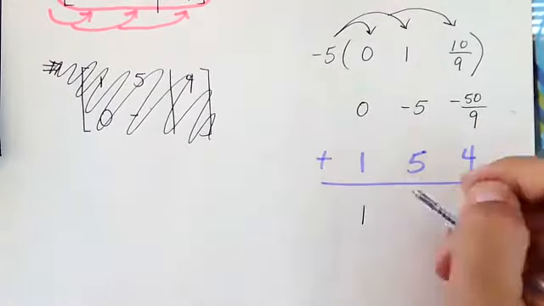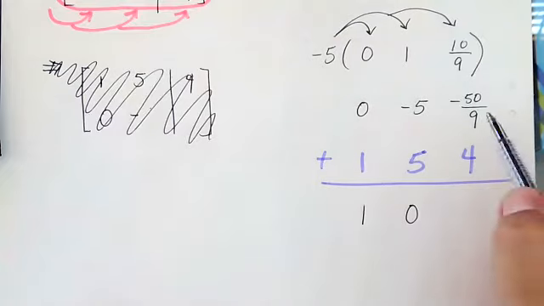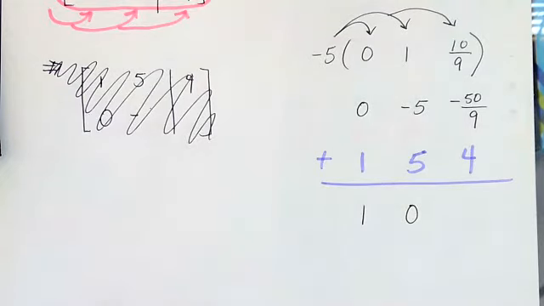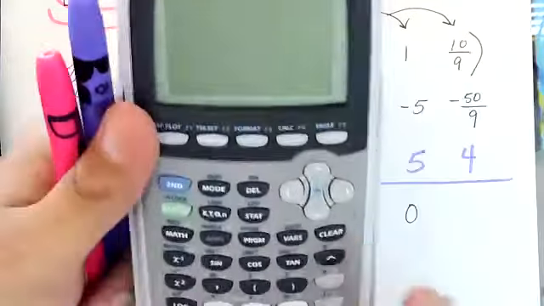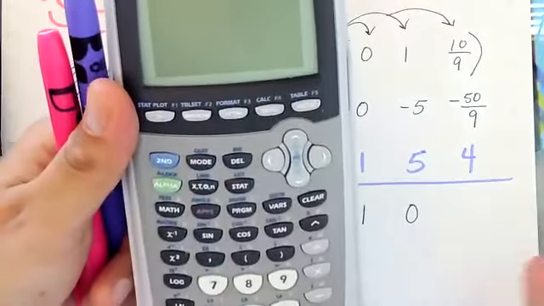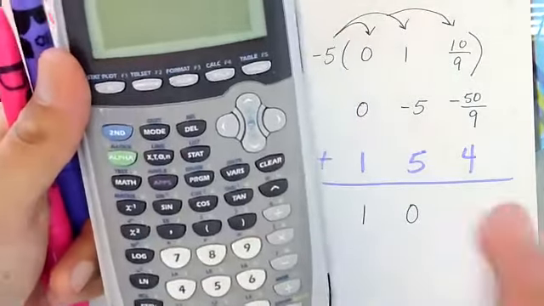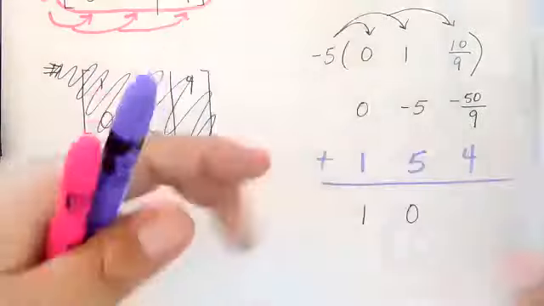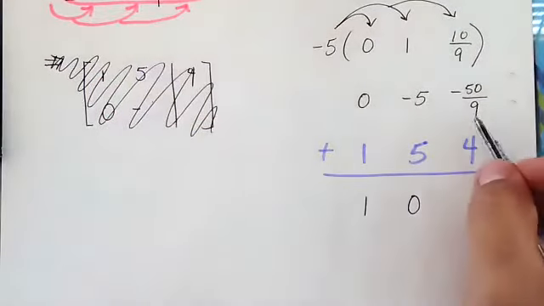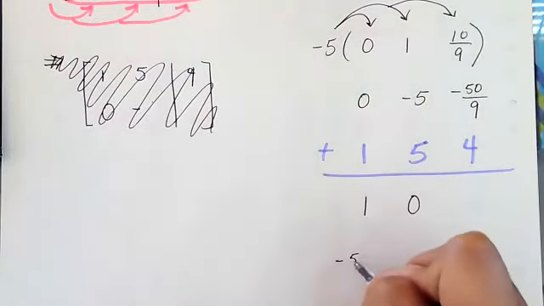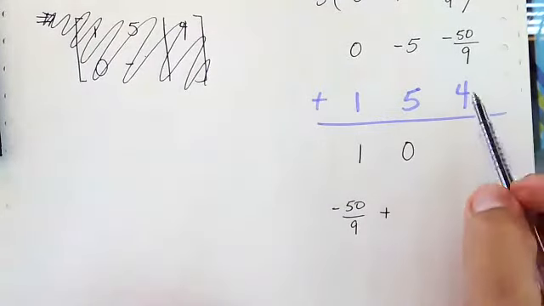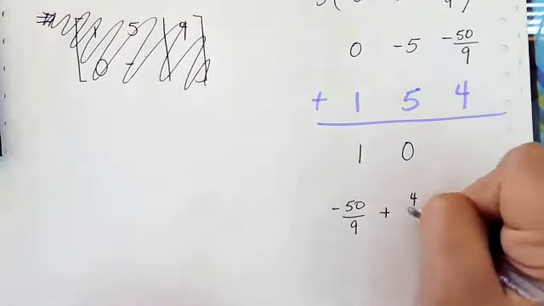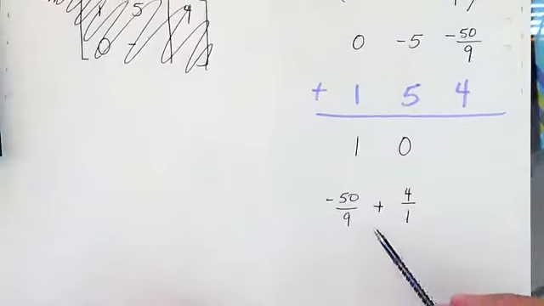So I get 1, 0, and then whatever this monstrosity is. Obviously you guys are able to use a calculator to help you out with that. But if you have to do it by hand because you're not sure how to get fractions in the calculator, you can do that for sure. -50 over 9 plus 4 over 1, but we need a common denominator.